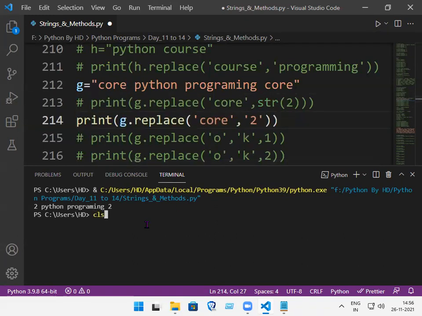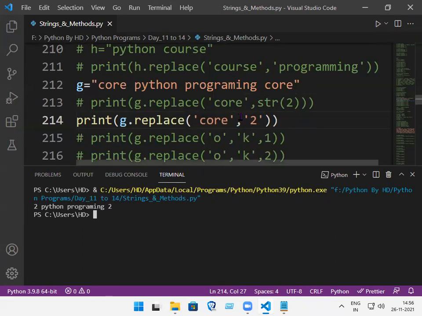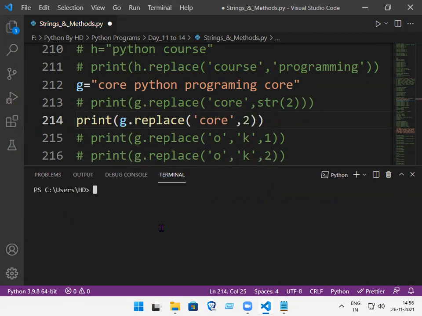Now, before going there, again here, G dot replace core with 2. Either you can keep str, a single quote, a double quote, or whatever it is. Wherever core is there, what comes now? 2. If I just pass it simply, will it take? No. It won't take.